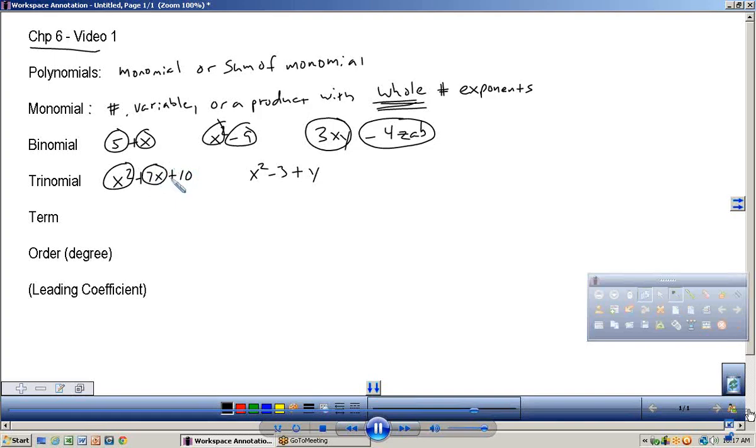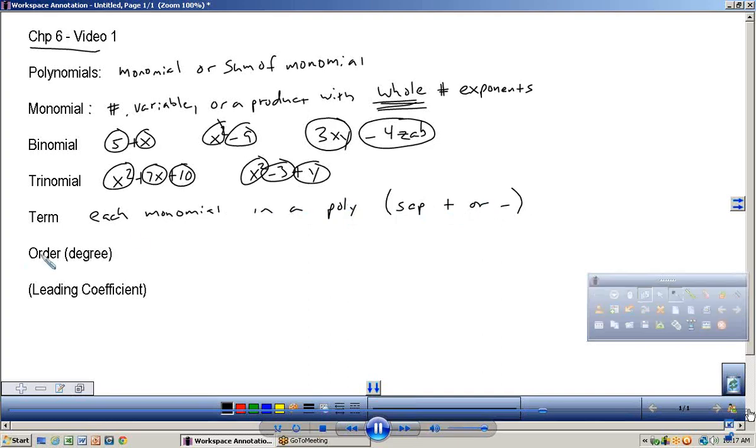If I don't say negative, that means it's positive. And the third term is 10. The first term is x squared, the second term is negative 3, the third term is y. So a term is each monomial in a polynomial, and remember, that's separated by pluses or minuses.